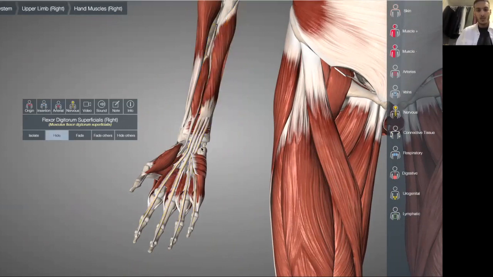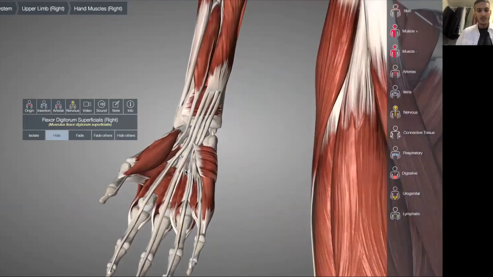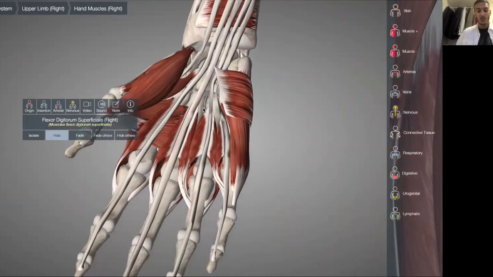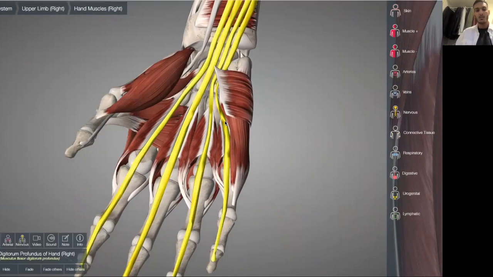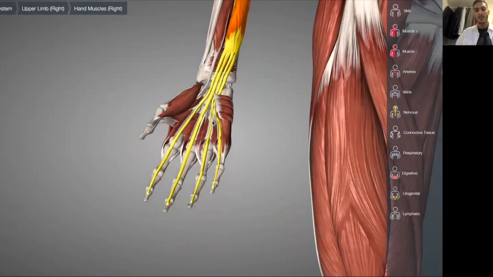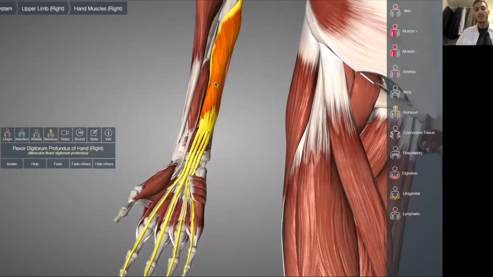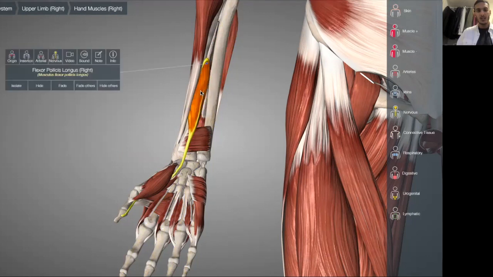Hide. Now we go to the one that exits the tunnel formed by the superficialis. It's called the flexor digitorum profundus of the hand. This is the first muscle found in the deepest layer of the flexor compartment muscles of the forearm. When I hide that, I'll see flexor pollicis longus, and this one is only in charge of flexing the thumb.